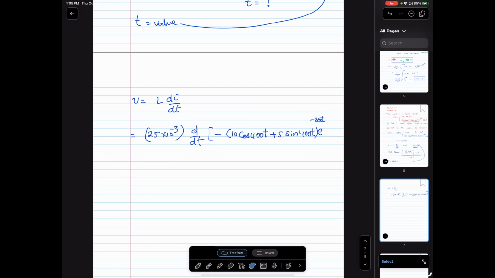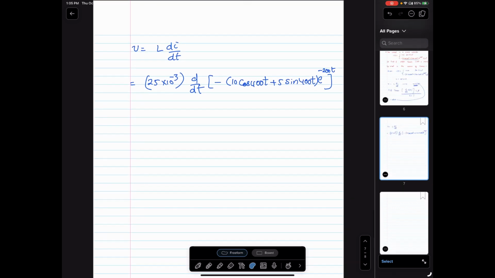That's the expression for current, right? Now we can simplify this using the chain rule. It's a composite function. There is an e to the negative 200t, and then there is this entire component. So we can apply the chain rule when calculating the derivative, and independently apply the derivatives for each of those.